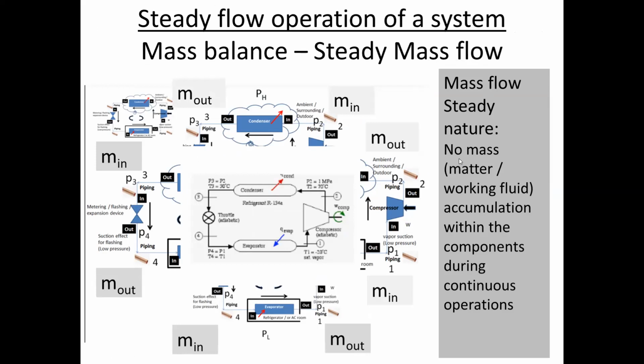So steady nature means within any component, or within any process this working fluid is undergoing, so within the components, or we can call it a control volume, later I will explain, there should not be continuous accumulation of mass for working fluid.